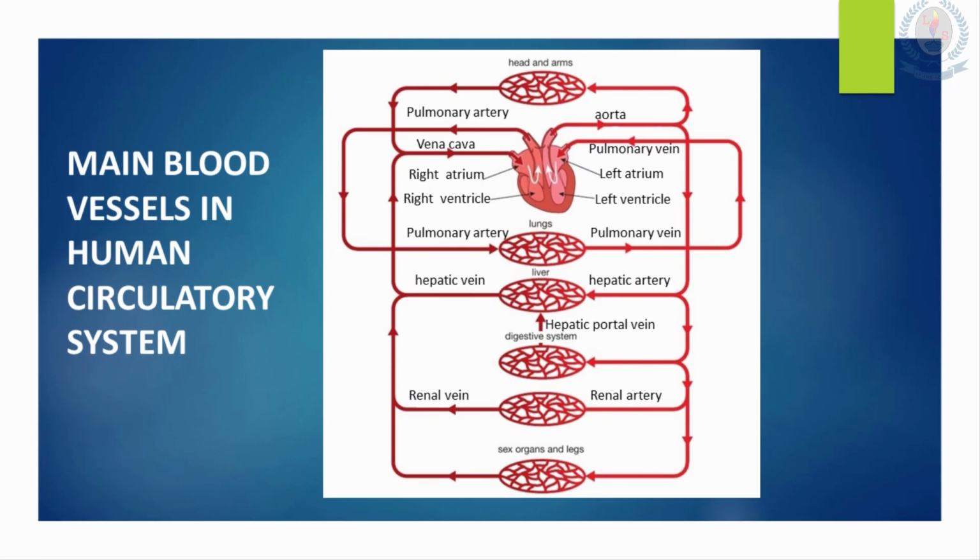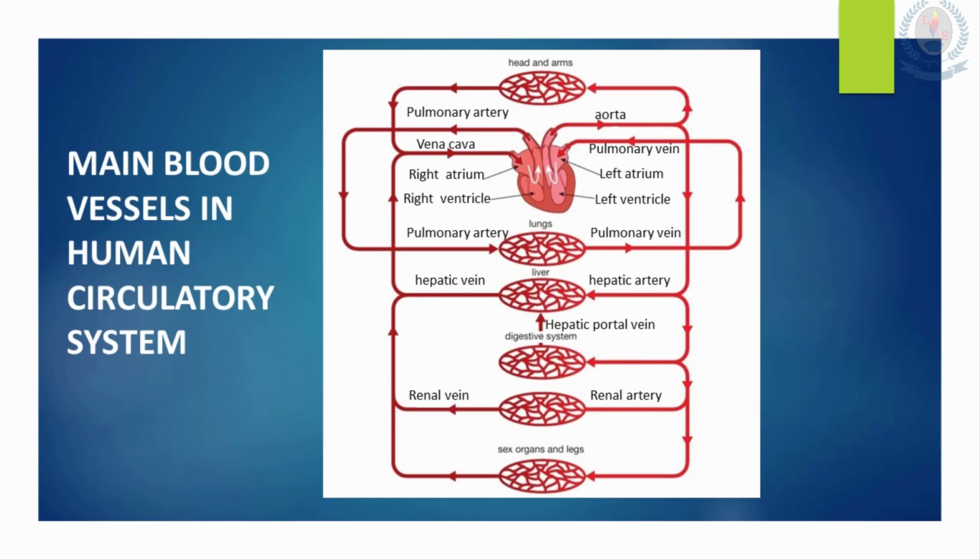Here you can see the main blood vessels in the human circulatory system. When the heart pumps, the blood vessels are the ones that carry that blood throughout the body. Arteries usually carry oxygenated blood, and veins usually carry deoxygenated blood.